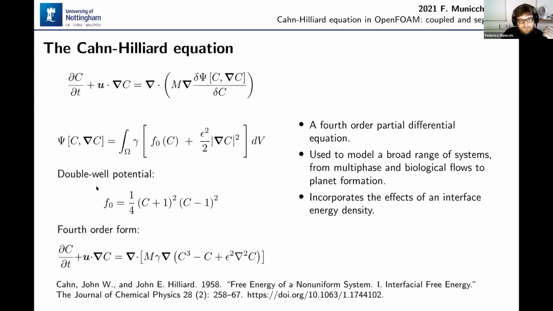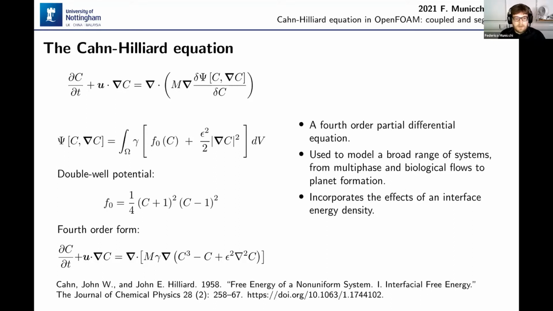Now this is a particular form of the Cahn-Hilliard equation where I choose to have a double well potential in my free energy, represented like this. This form of the double well potential is not unique. Now it's a perfectly symmetric double well, but it could also be asymmetric. But the main applications for this are multiphase flows and separated flows, so this is the proper potential to use.